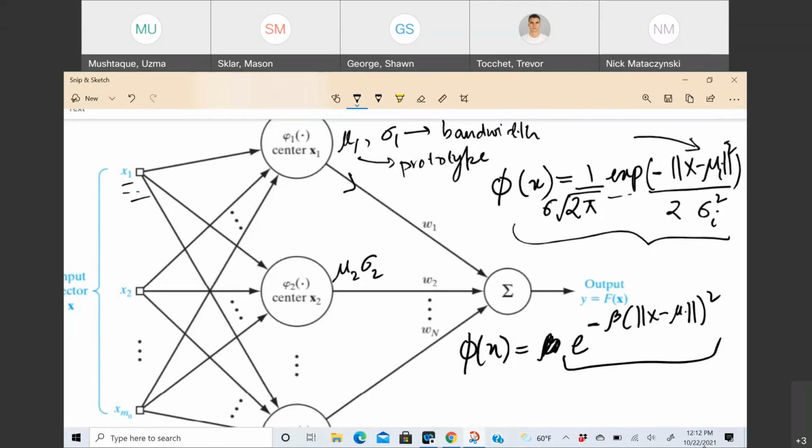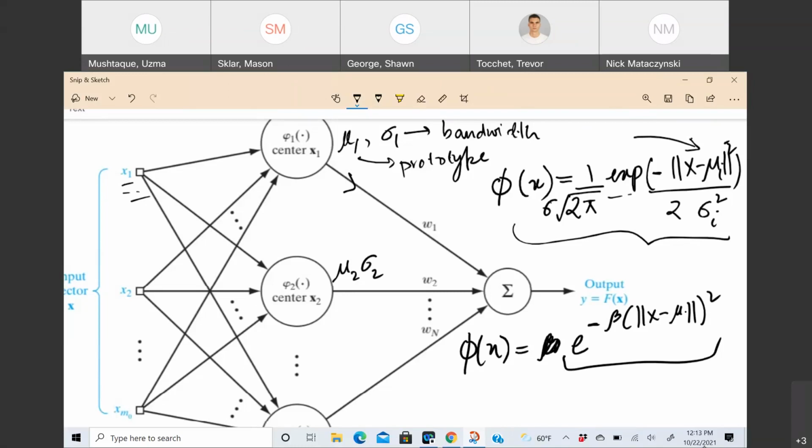So we make these changes such that this beta in some sense encompasses the spread, and this mu in some sense takes the average, or it is the prototype, right? And so experimentally, we have some values that we use for beta that we'll see just now. But I want to make sure that everybody is comfortable with the idea that we are utilizing this function.